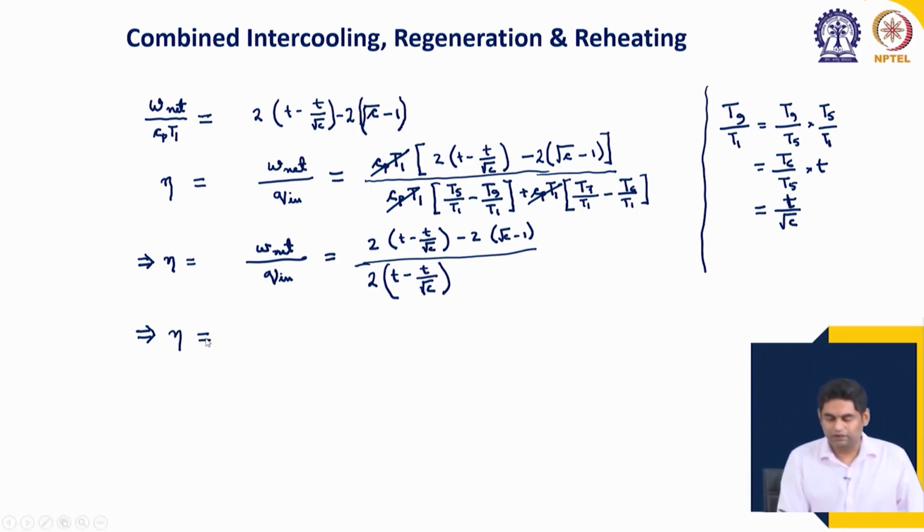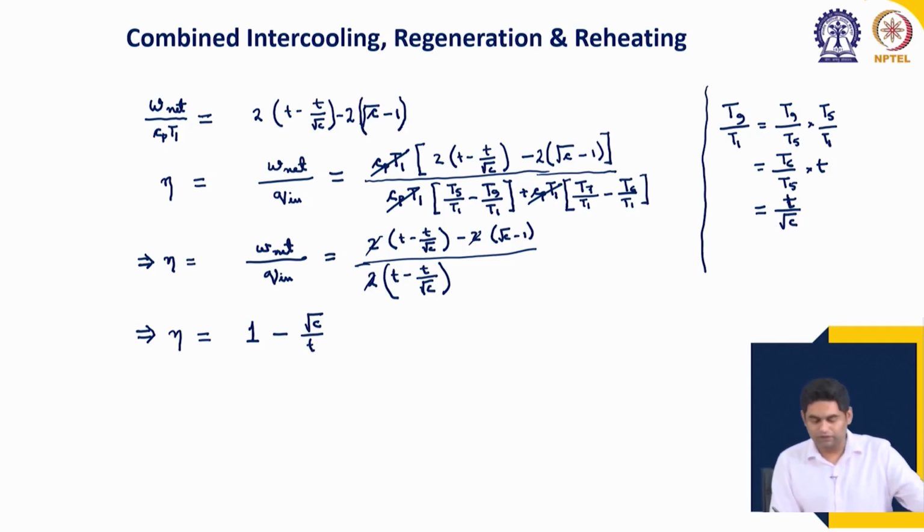So, the first term will become 1 and then 2 and 2 get cancelled, minus root C minus 1. If I take root C common, we are left with 1 minus 1 by root C. So, this becomes equal to root C by t, rest of the terms get cancelled.